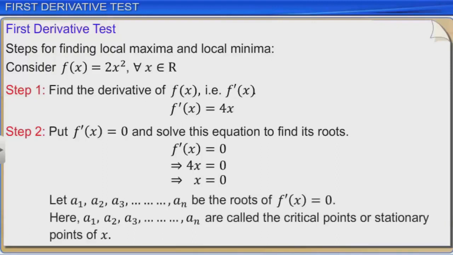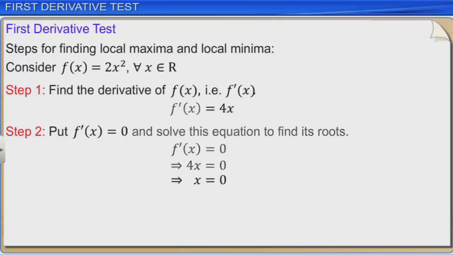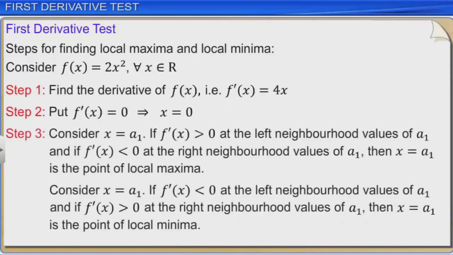At these critical points, we find the local maxima or local minima of the function f by observing the behavior of the function in their small neighborhood. If the derivative of f is positive at the left neighborhood values of a1, and if the derivative of f is negative at the right neighborhood values of a1, then x equal to a1 is the point of local maxima.